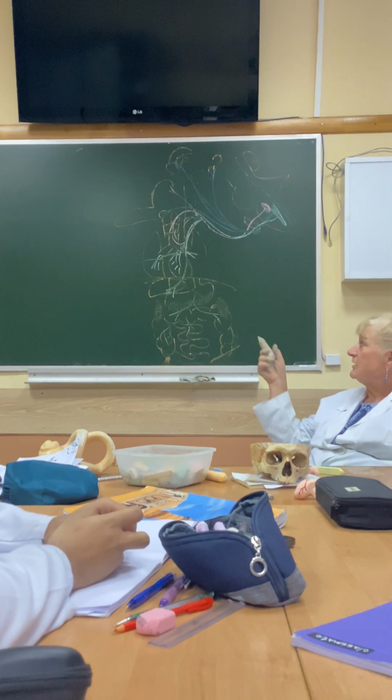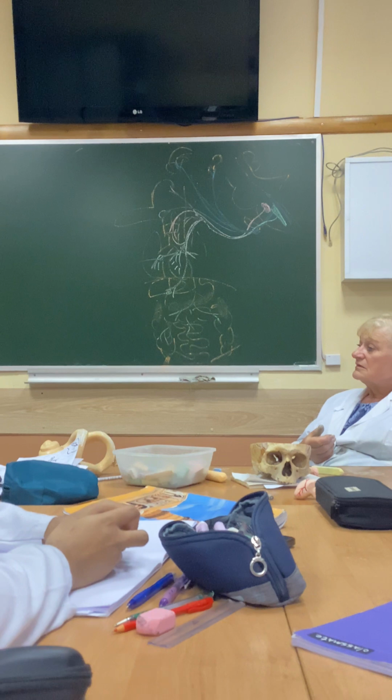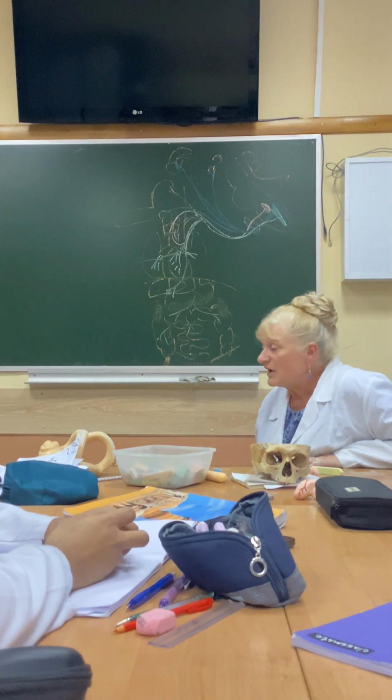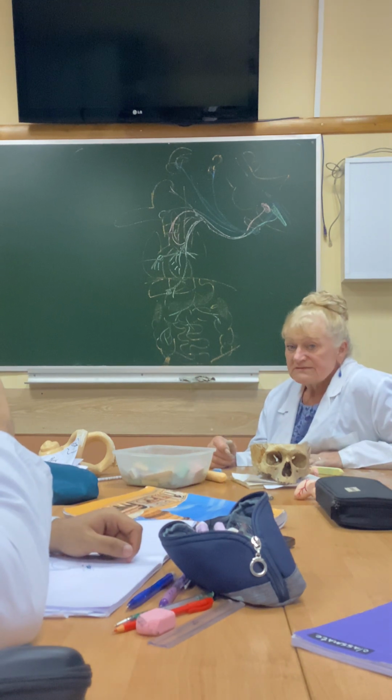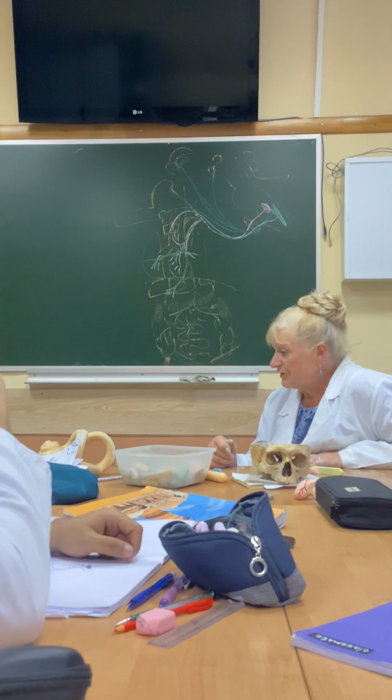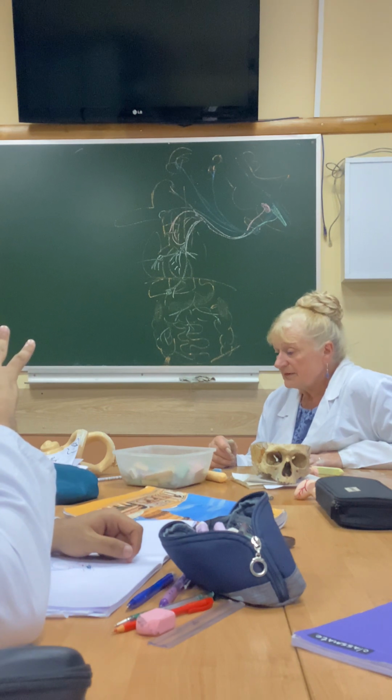And also, if this information comes to the dorsal nucleus of the vagus nerve, very often with meningitis there can be vomiting. Did you understand? This is the vagus nerve to which we will come next semester.